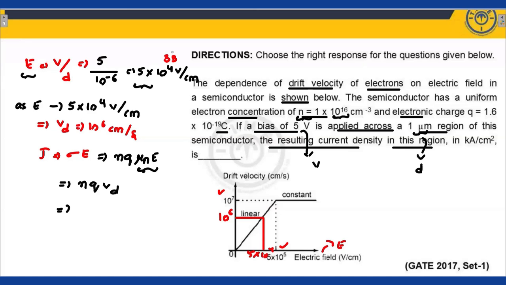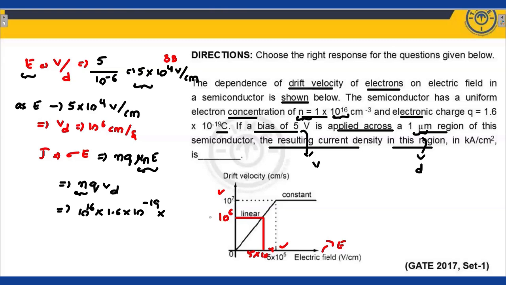Which is very, very important, what is the N value? The N value is here, that is 10 power 16, into Q value, Q equal to 1.6 into 10 power minus 19, and the VD value.